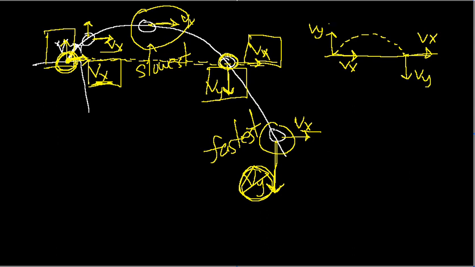So if this is equal to plus 5 meters per second here at the start, at the same level, this is going to be minus 5 meters per second. Minus because it's going down, but the magnitude is going to be 5. So magnitude-wise, the velocities at these 2 points, there and there, are going to be identical.